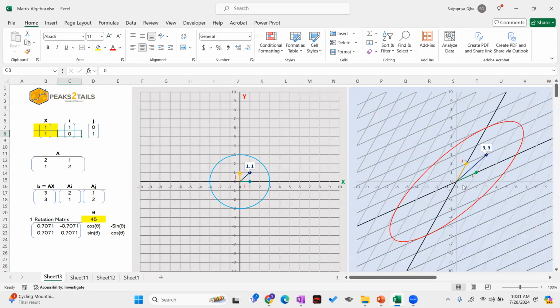In the other direction, it has retained the same size. I mean, the circle radius is the same here. But in this direction, this stretching, right, it has become 3 times. That's it, right? So in this direction, all vectors get stretched by a factor of 3. 2, 2 becomes 6, 6.